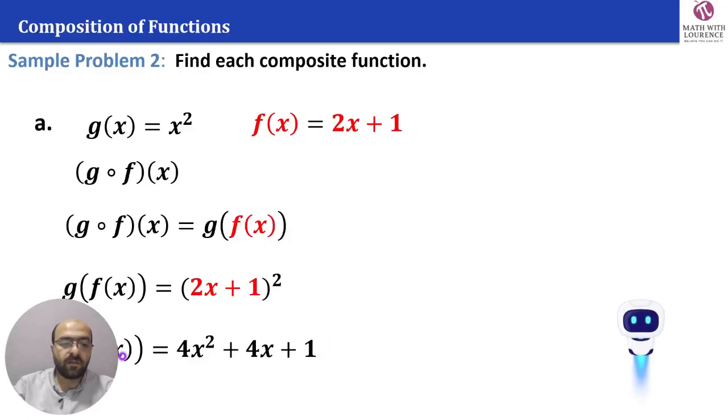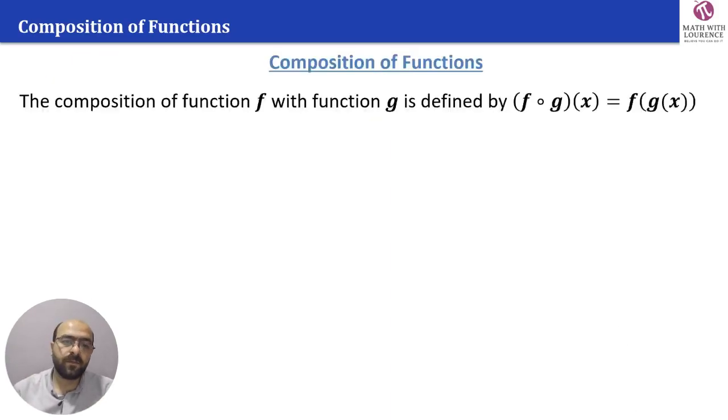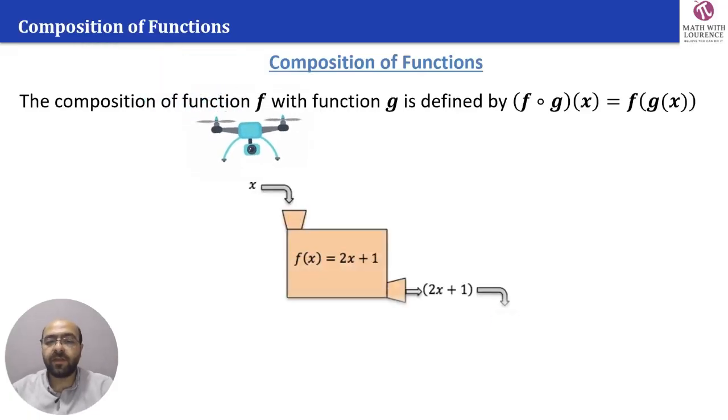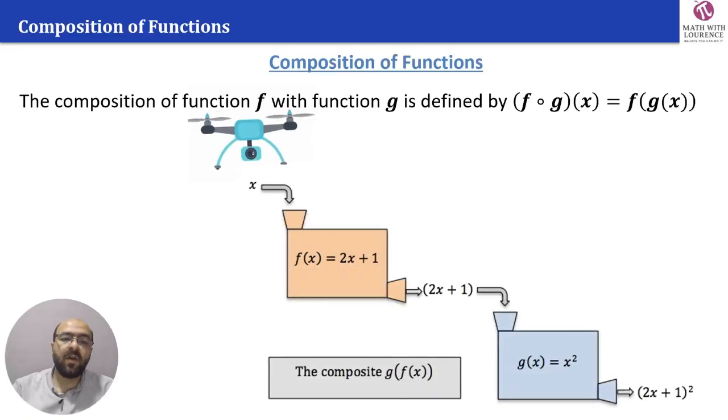So when I composite these two functions, starting from g until f, I get 4x squared plus 4x plus 1. In other words, I can explain it as a factory. By this factory, if I bring this machine, I have here the value of x. When x goes inside f, the machine gives 2x plus 1.